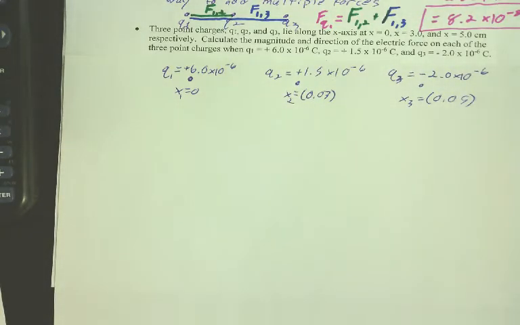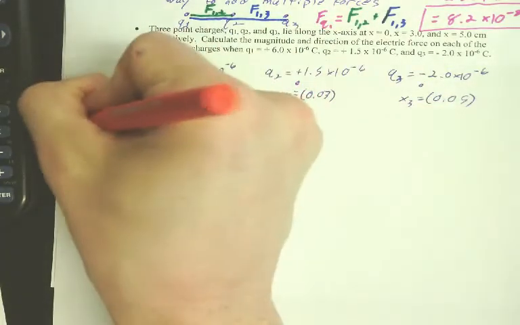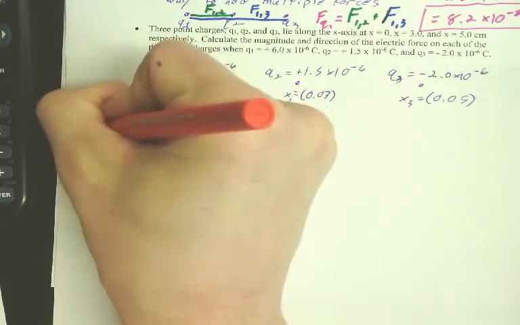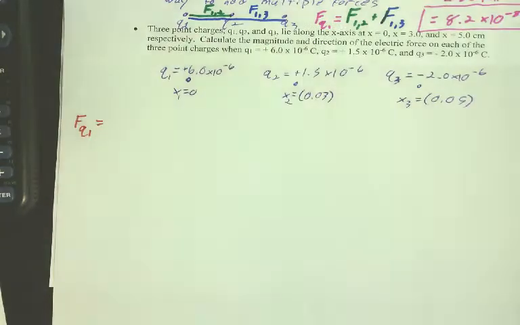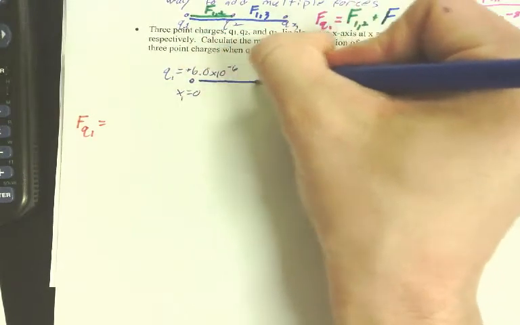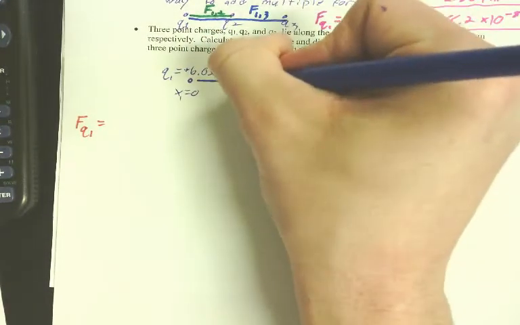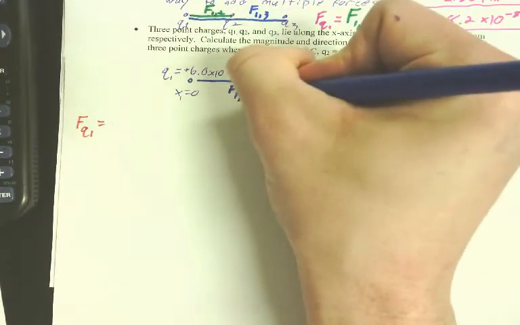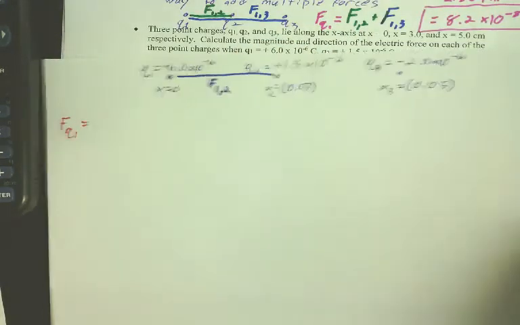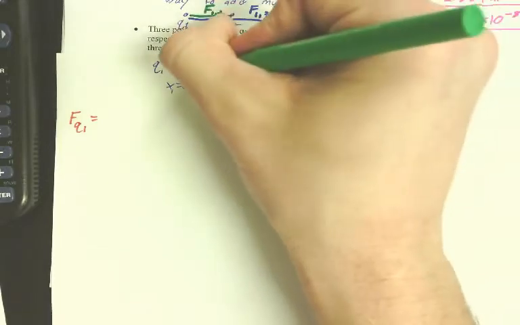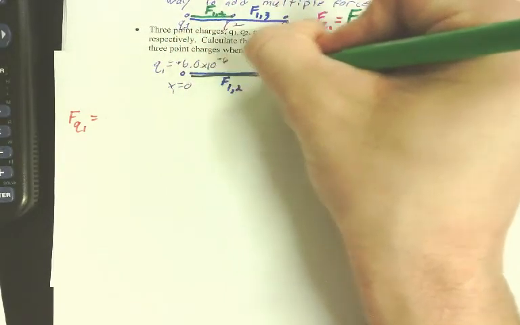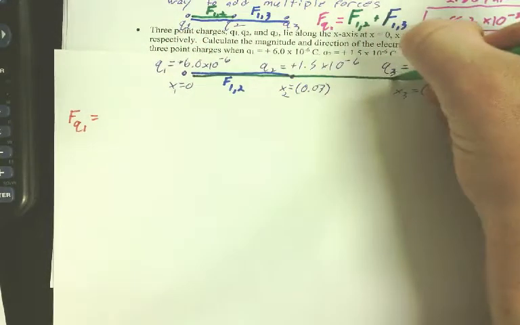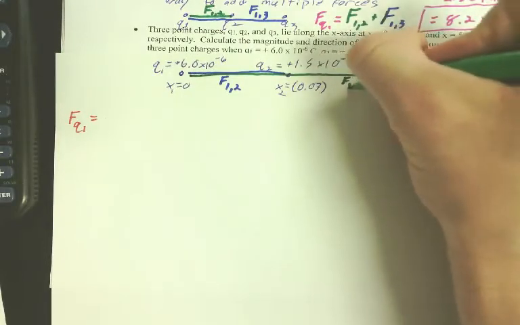All right, let's start off by finding the force on Q1. The force on Q1 is going to equal the force between 1 and 2, which I'm going to call F1,2, plus the force between 1 and 3, which I'm going to call F1,3.